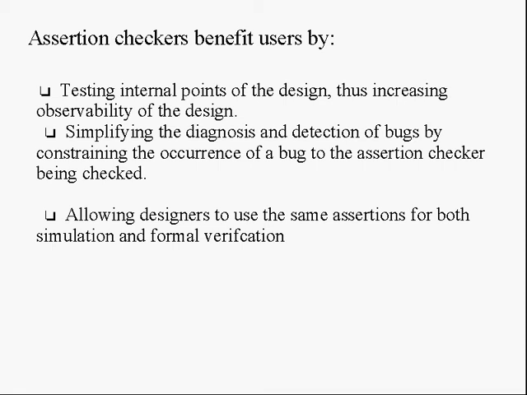Then severity will indicate how severe this error is. And coverage will tell you how much that coverage expression has been exercised during the simulation. So this is all about the things in the assertion checkers.